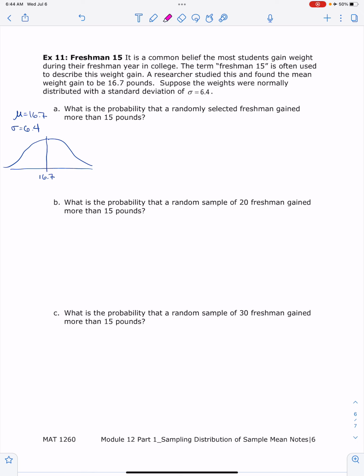So we're looking for the probability that some individual gained more than 15 pounds. So if our standard deviation is 6.4, one standard deviation away is 10.3, and we're looking for this somewhere in here, 15. More than 15 pounds, we're shading to the right.